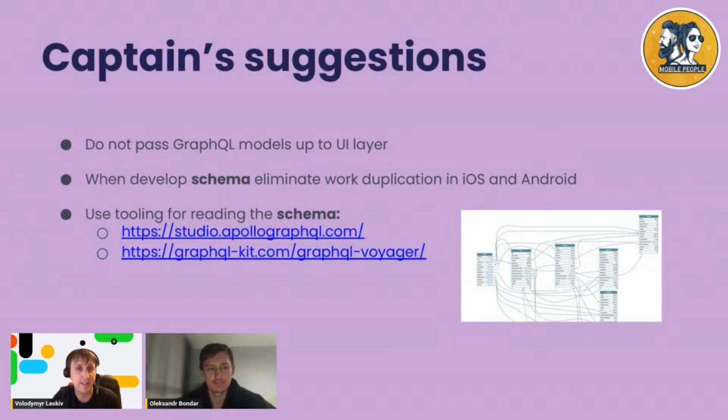Another interesting tool I recently found could be helpful when you want to see the relationships between your types and objects. In the schema you have a plain list of your objects, and you can go through the types and return types, but GraphQL Voyager can draw a graph from your schema, where you can see how all your objects and types are related to each other.